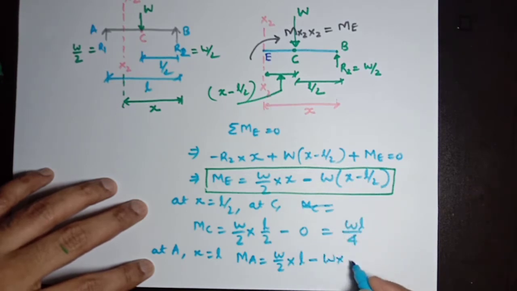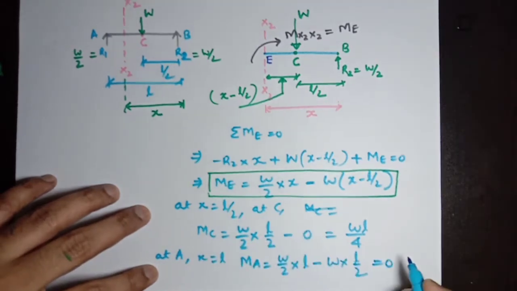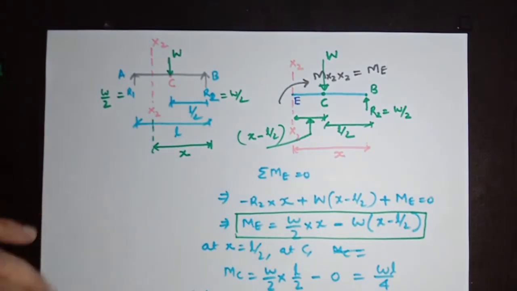So here WL by 2 and here WL by 2 will cancel, and it will be equal to 0.